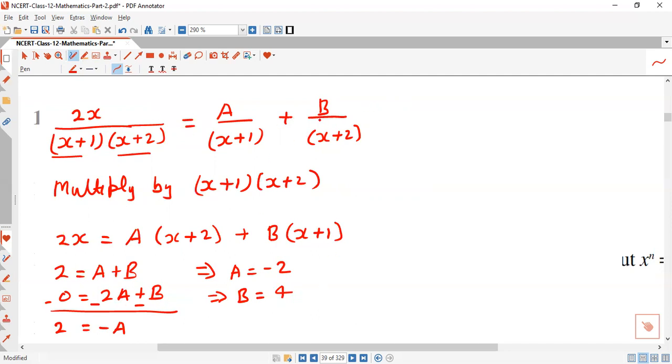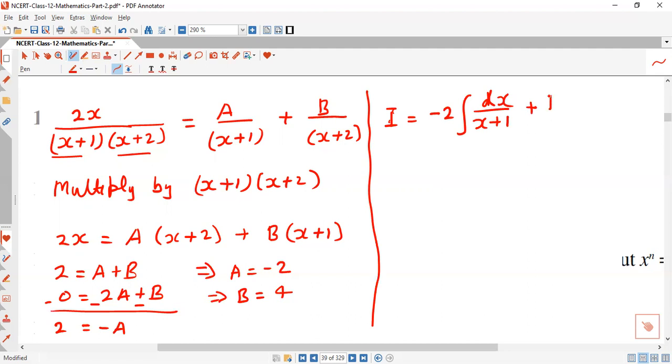So this integrand becomes: the integration now, a equal to minus 2, integration 1 upon x plus 1 dx, plus b is 4, integration dx upon x plus 2.